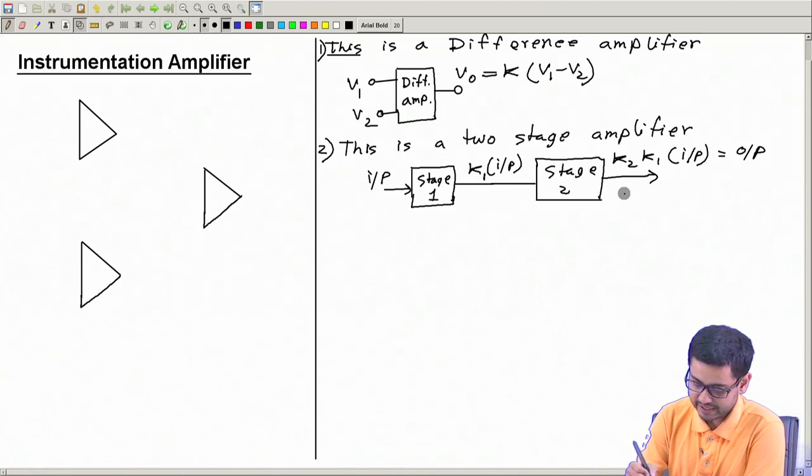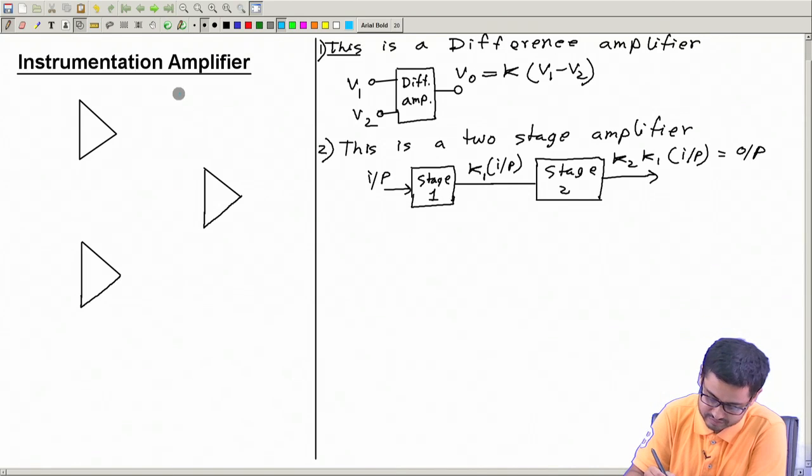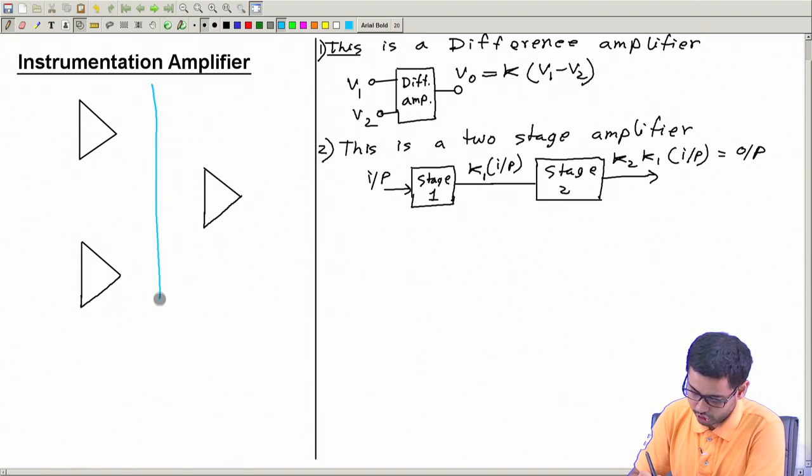Now, let us come to this circuit. As I said, it is a 2-stage amplifier. So, let me draw 2 stages.